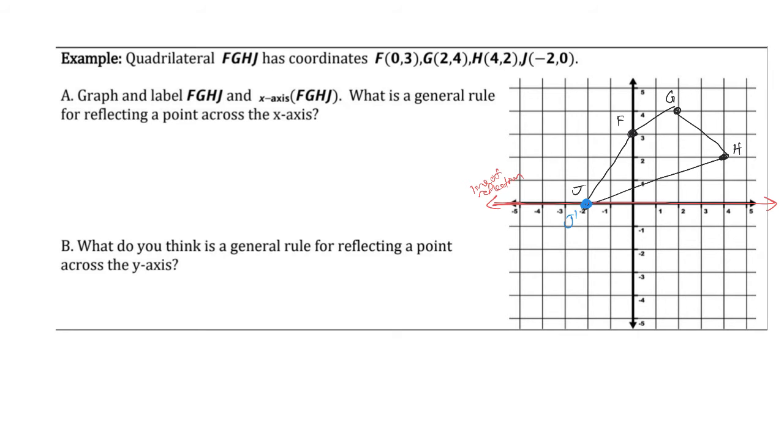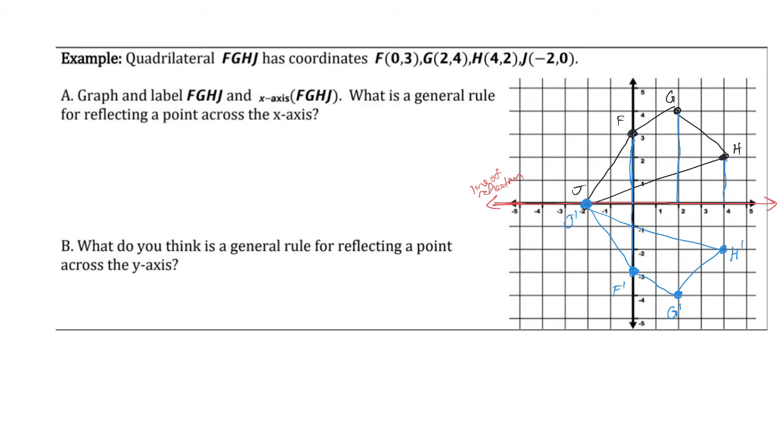F is 3 above it, so we're going to go 3 below it. This is F prime. G is 4 above it, so we go 4 below it. Here is G prime. H is 2 above, so we go 2 below, so H prime. Then we make our quadrilateral.